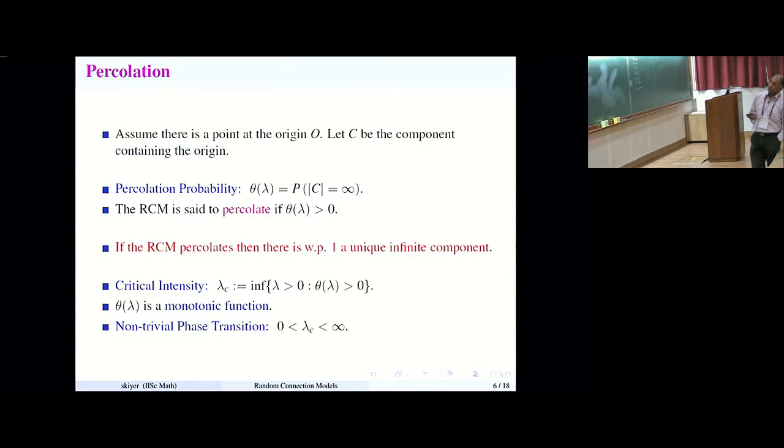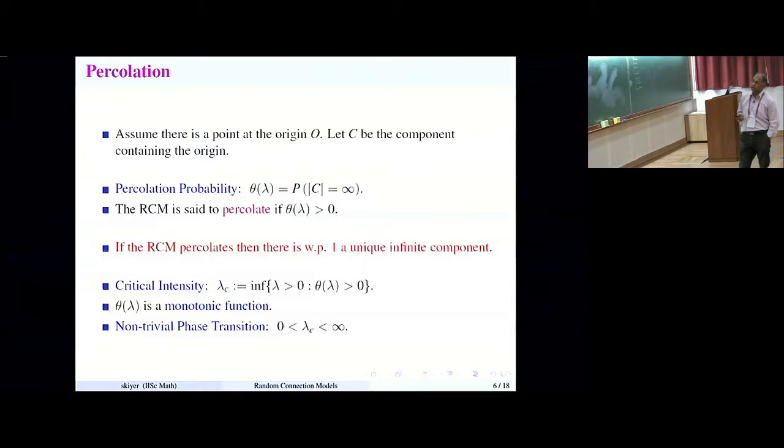Because my underlying point process is a Poisson point process, one can put a point at the origin. That would be like a typical point, and everything around it would still look Poisson. Let capital C be the component that contains this origin. We would say theta lambda is the percolation probability. That is the probability that this component is infinite, right?